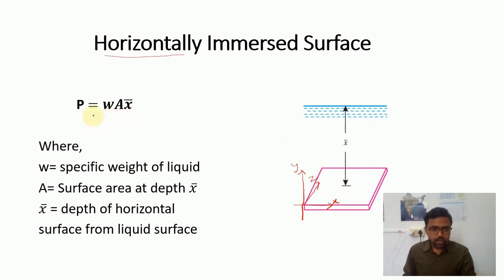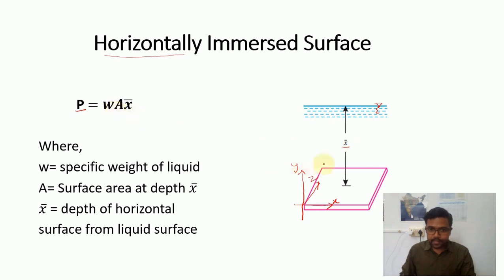Here you can see the formula, P is equal to W A x bar, right? Here x bar is the distance of the centroid of the horizontally immersed object from the water surface level, right?